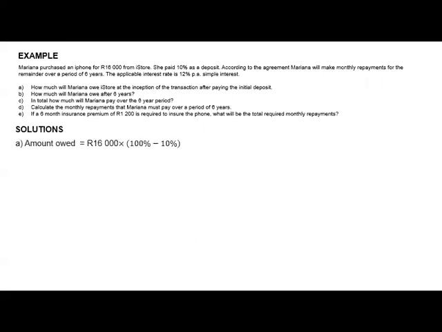Now, to calculate this, we are going to basically read what we are given. If you check the previous videos, I have specified how to subtract percentages. So if a person only pays us a 10% deposit, to determine how much they owe us, they will owe us 90%. They won't owe us 100%, because they've paid a 10% deposit.